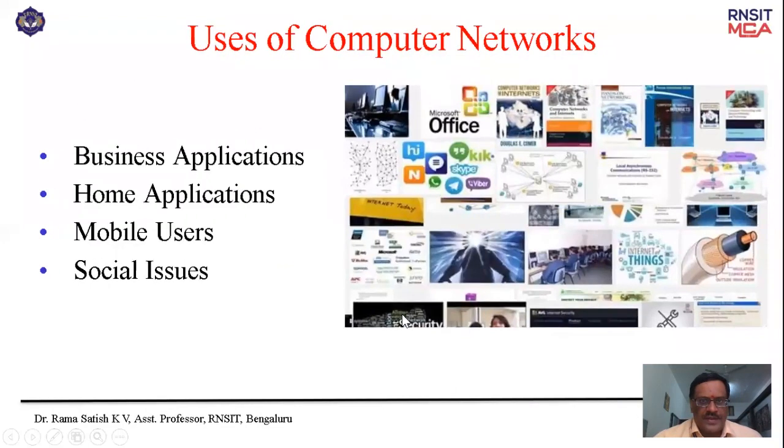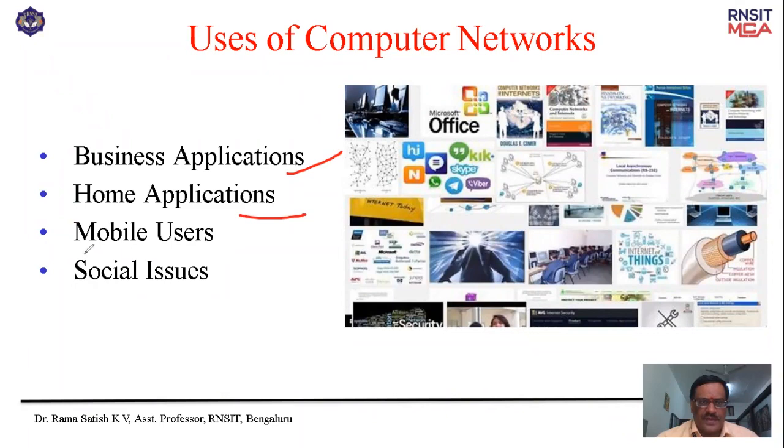When we look into the textbook matter, the textbook says there are four different kinds of uses of networks. The first one we call business applications. Second one is home applications.